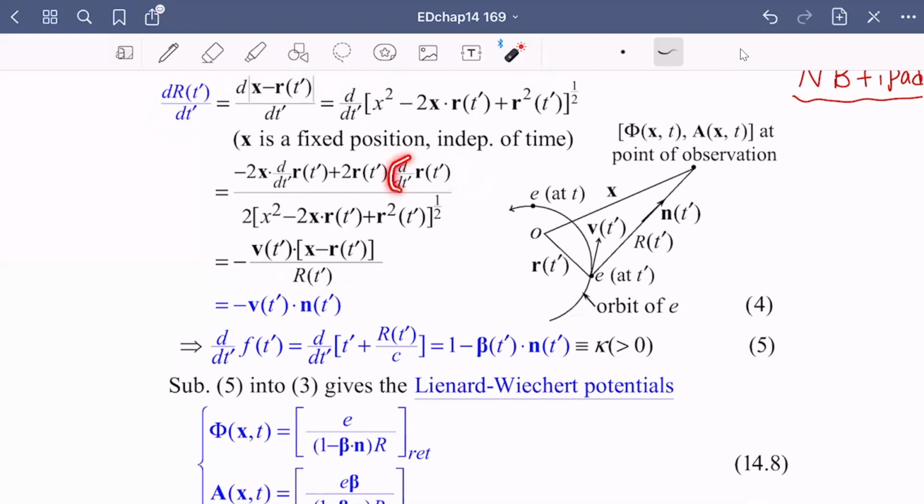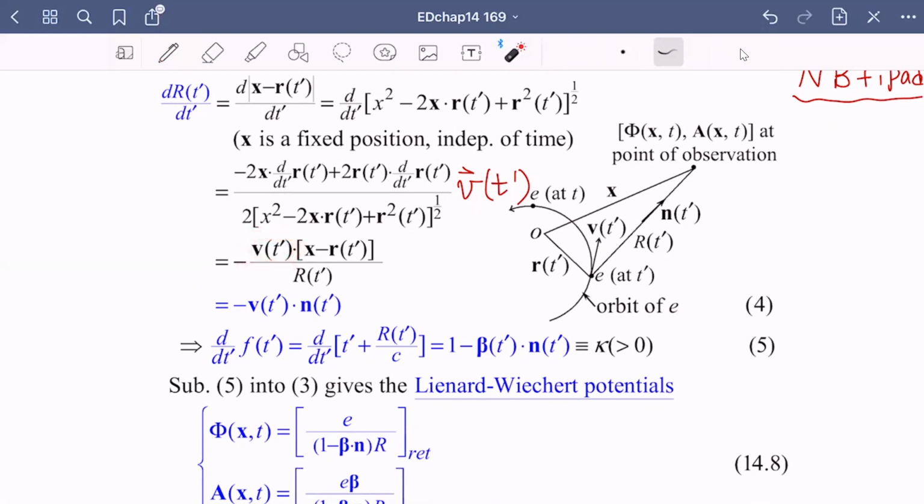Sorry, the speed of the particle, v, sorry, v t prime. That's the speed of the particle here.